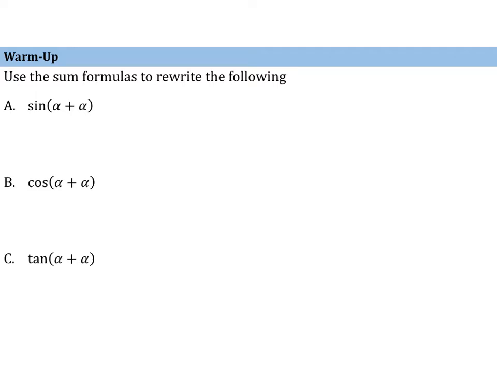So let's look at the sine of alpha plus alpha. We remember that the sine of alpha plus beta equals the sine of alpha cosine of beta plus cosine of alpha sine of beta. So what we're doing is we're replacing beta with alpha.